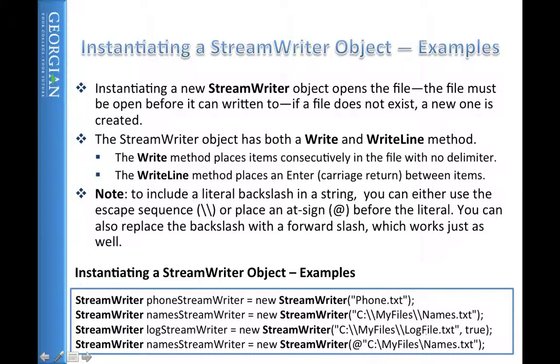Or you can also use the @ sign before the actual literal itself, which tells the compiler this is a raw string that I want you to read in, and don't accept any escape sequences. The backslashes aren't escape sequences. They're just backslashes that are part of my string. I want you to take them and not ignore them. That's what that @ symbol does.